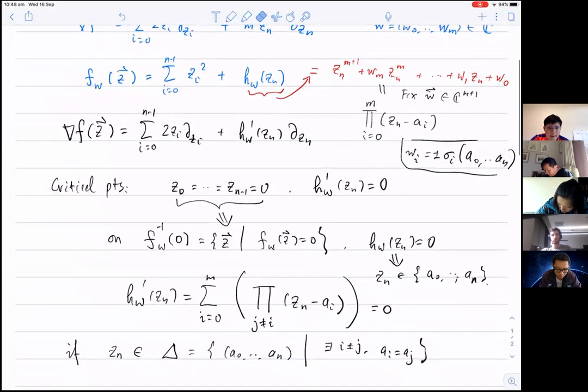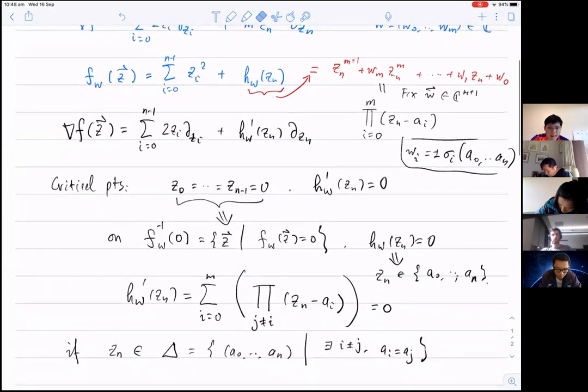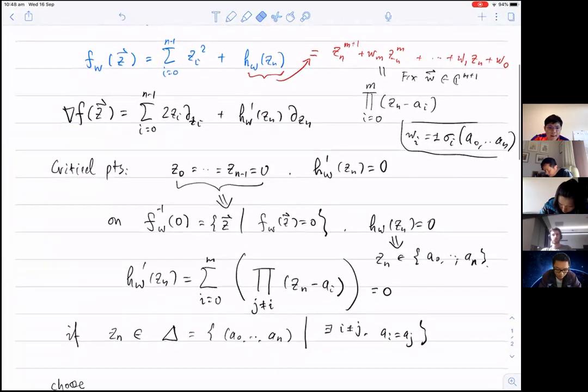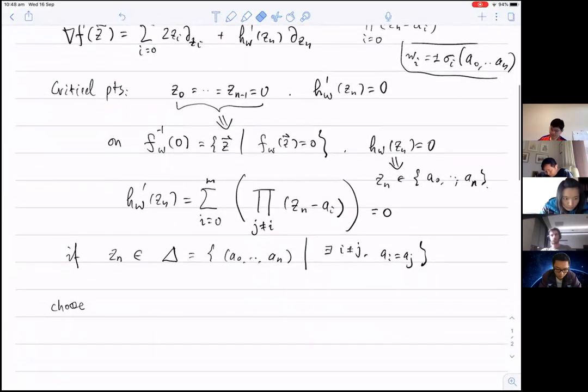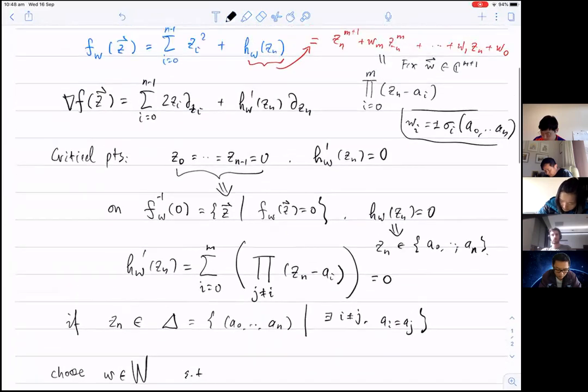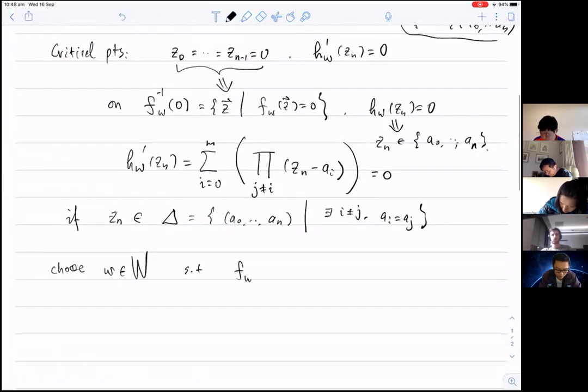Because of this condition, you can choose W in some set such that the polynomial has no critical points.